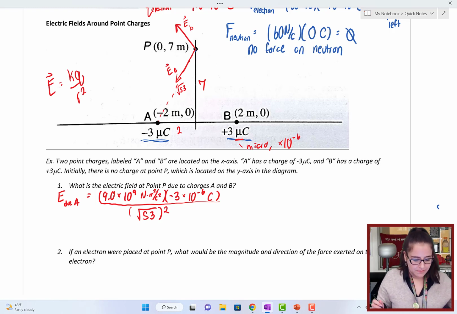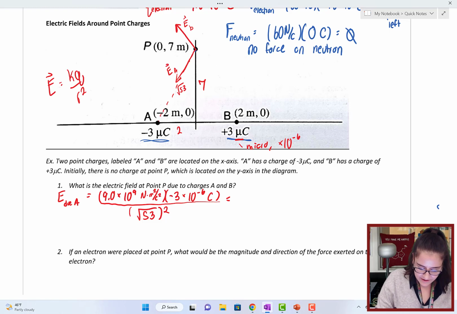So we plug that all into our calculator. 9 times 10 to the ninth times 3 times 10 to the -6 divided by 53. And we get 5.0943. We only have one sig fig on each of those, so I'm just going to round it and say it is about -500 newtons per coulomb.